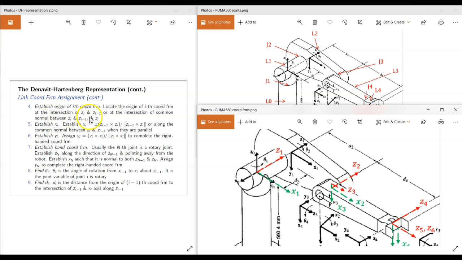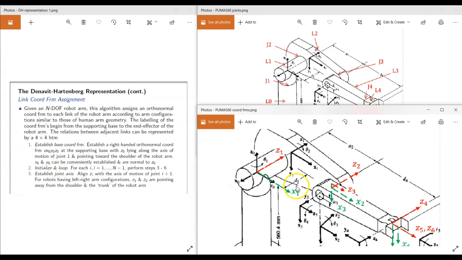Step 4 will be establishing the origin, then step 5 the X axis, and step 6 the Y axis. In the figure, I've only drawn the X and Z axes to avoid confusion and for better clarity. Of course, if you know X and Z, you can simply draw Y.